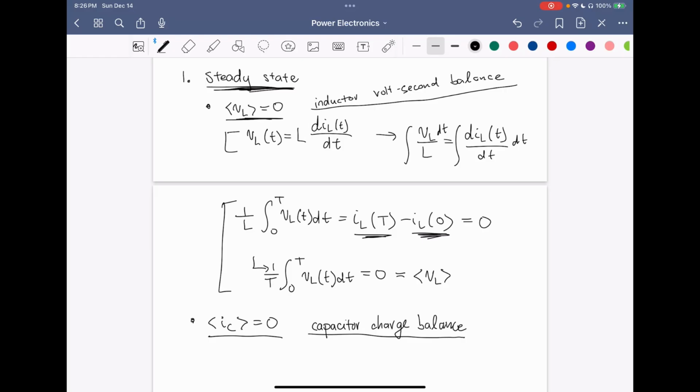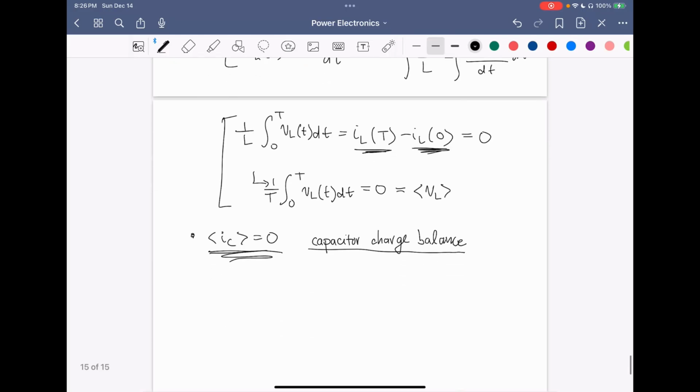So this is our first assumption, steady state, which gives us the inductor volt-second balance and the capacitor charge balance statements. The next assumption that we make is the small ripple approximation.